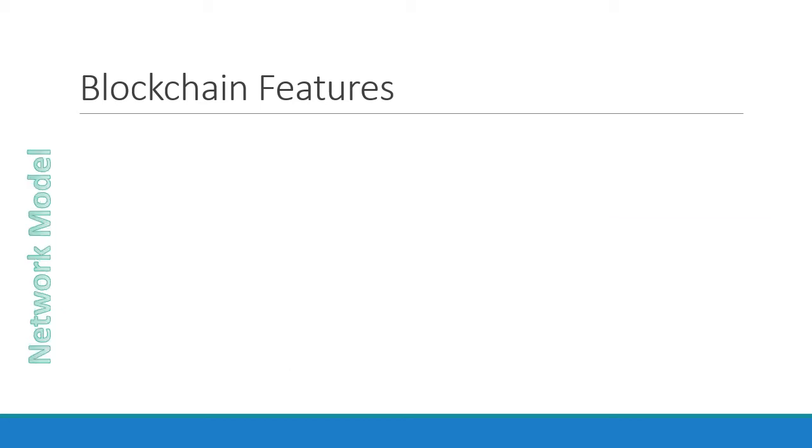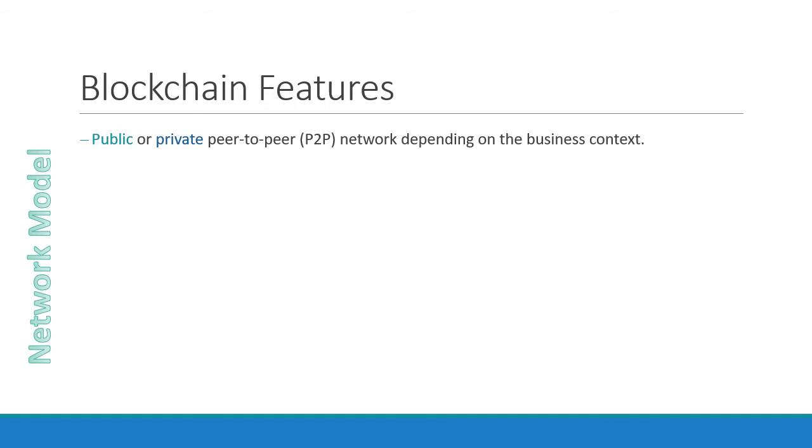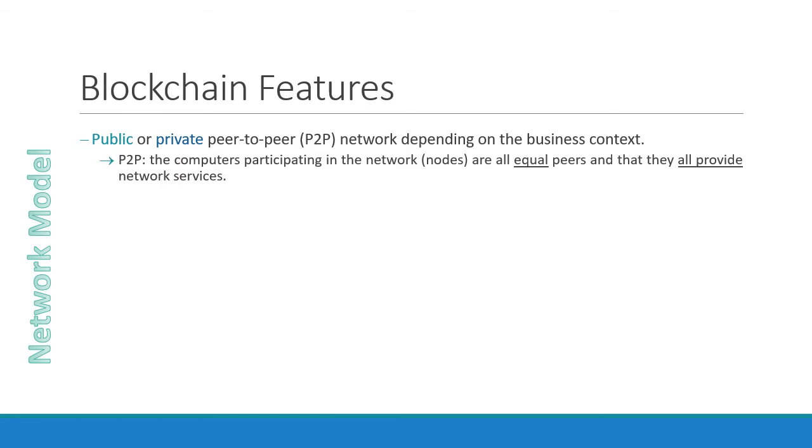The blockchain records all the validated transactions that take place in the business network, which can be represented as a public or private peer-to-peer network depending on the business context. Peer-to-peer means that the computers participating in the network, which are referred to as nodes, are all equal peers, hence they all provide network services.